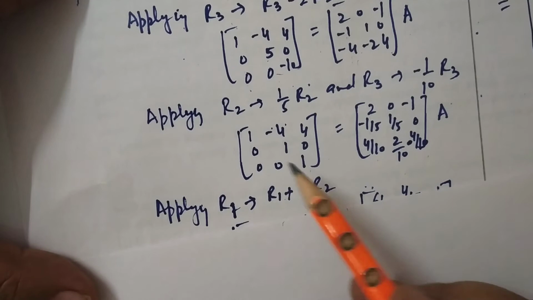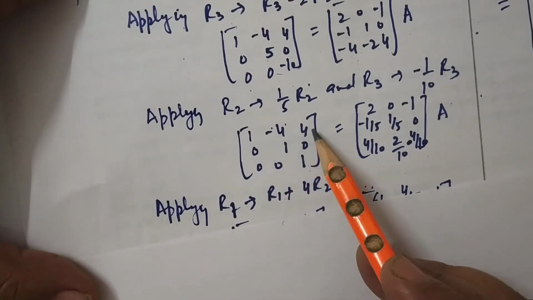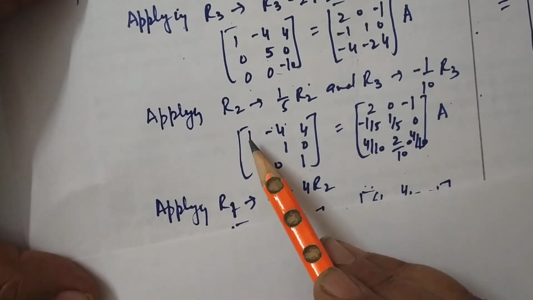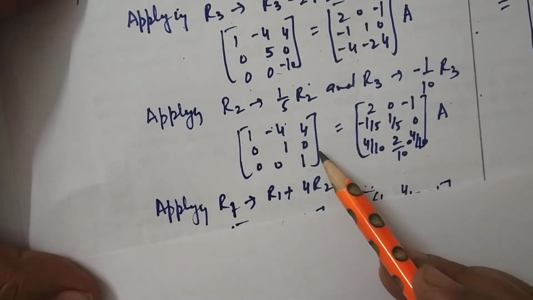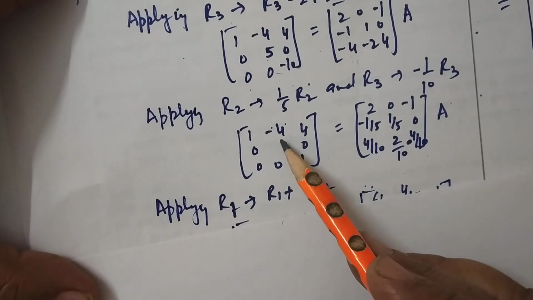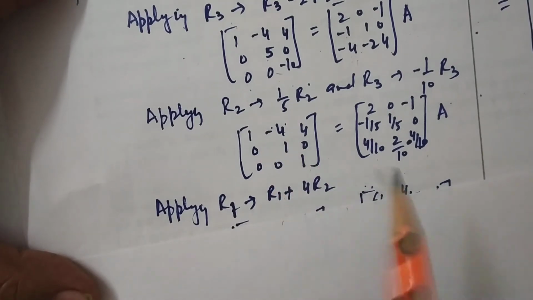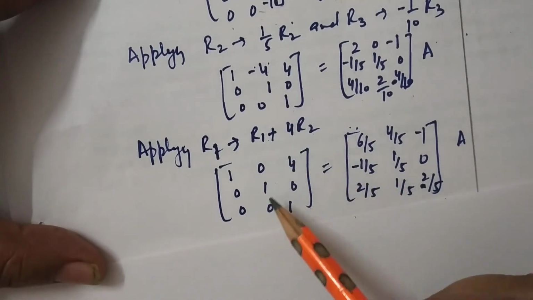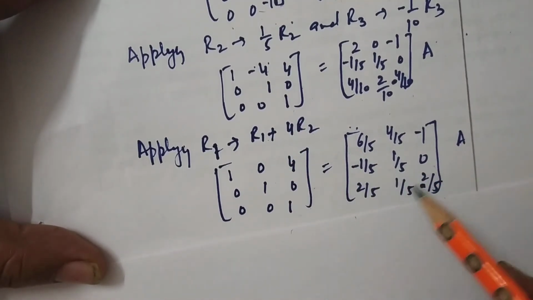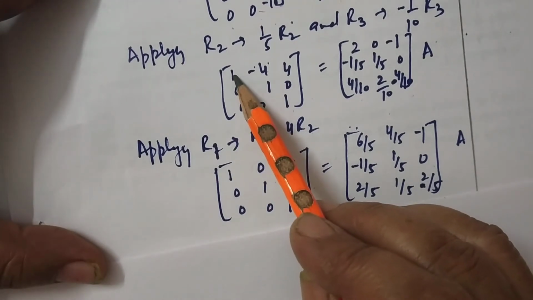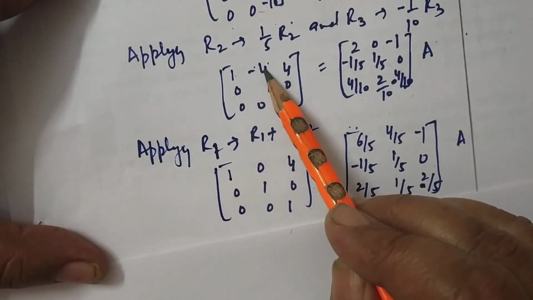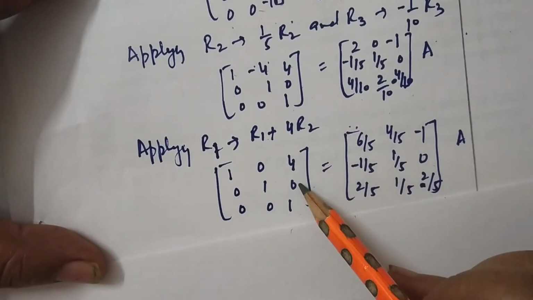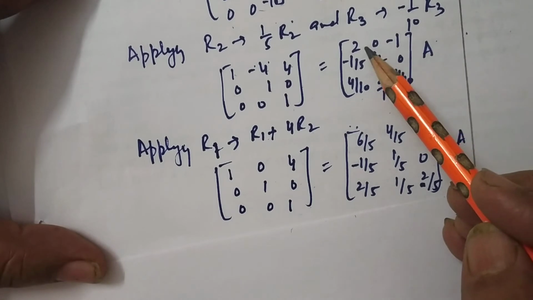Now it's so easy. My two rows are solved, only one row to solve. I apply R1 goes to R1 plus 4 R2, so this part will become 0. R2 and R3 have no change. 1 minus 4 plus 4 is 0. 4 plus 0 is 4.